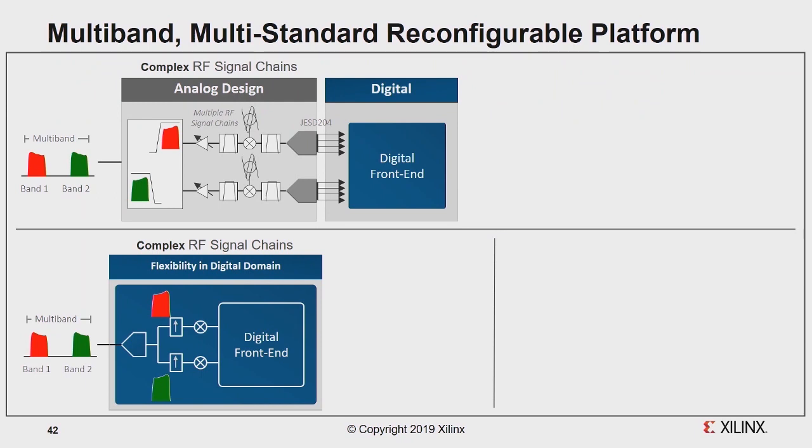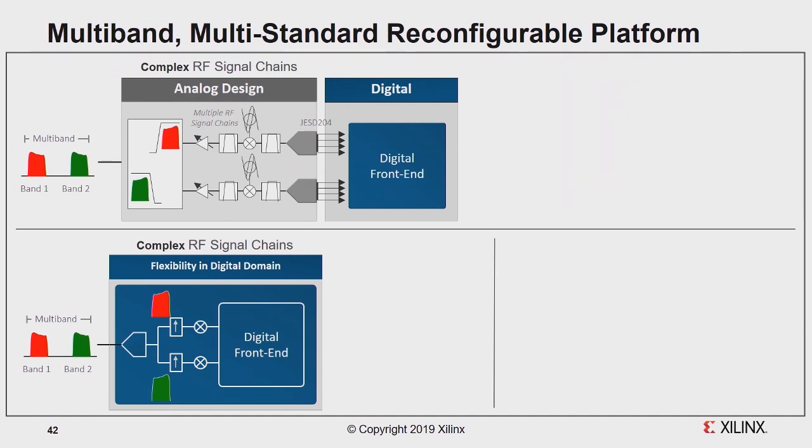Here is the traditional architecture, like a super heterodyne DAC. We need the JESD204 communications, and two individual paths to generate band 1, maybe 3.5 gig, and band 2, 4.9 gig. If you use our RFSoC, we have multiband support.